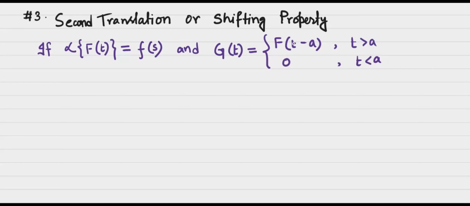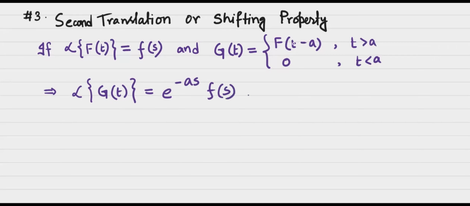Well, that's the interesting part. So if this is the case, then the Laplace transformation of this shifted function, so therefore we write Laplace transformation of g of t, is equal to e to the power negative as times F of s. Isn't that interesting?